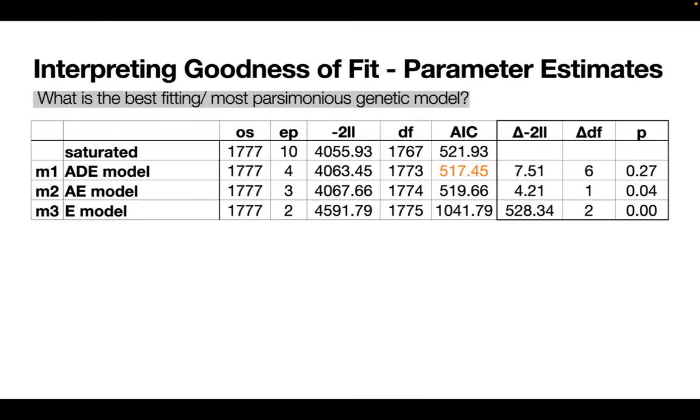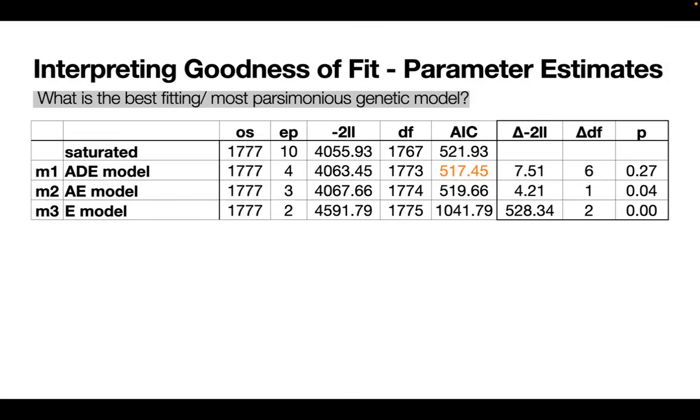So typically, we start by comparing our genetic model, either the ADE or the ACE model, to our saturated model. That one had 10 parameters. Our genetic model only has 4, including the 3 variance components and the mean.